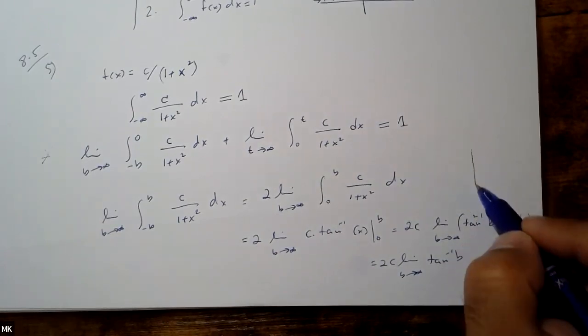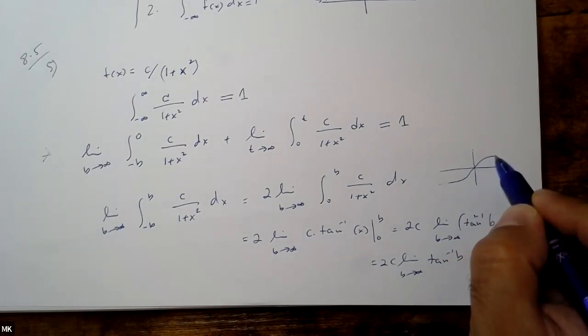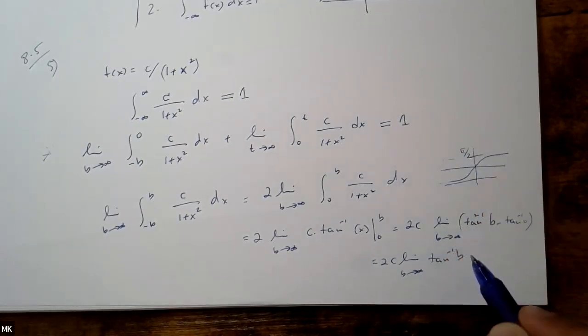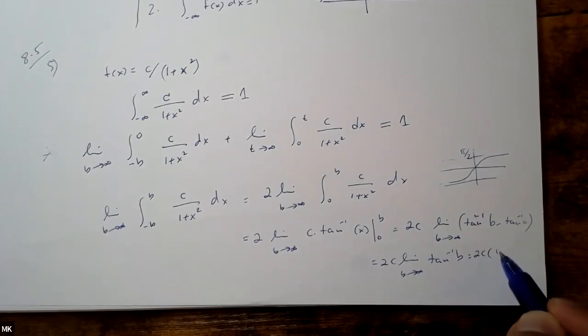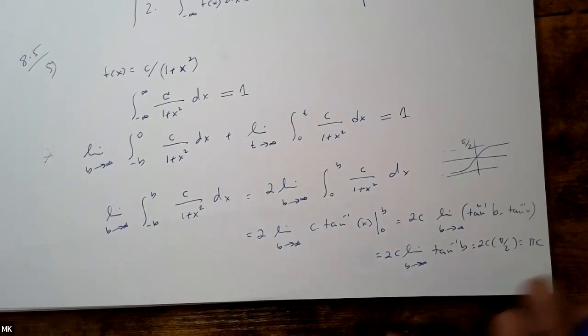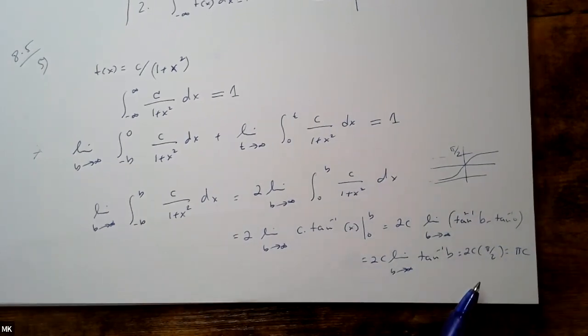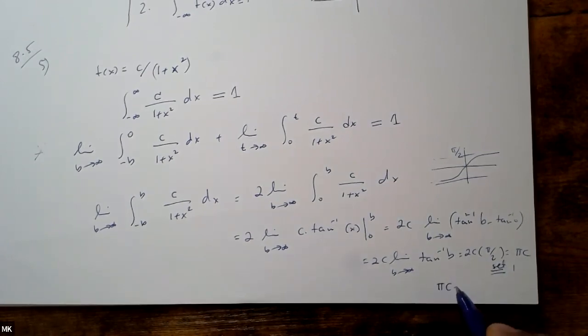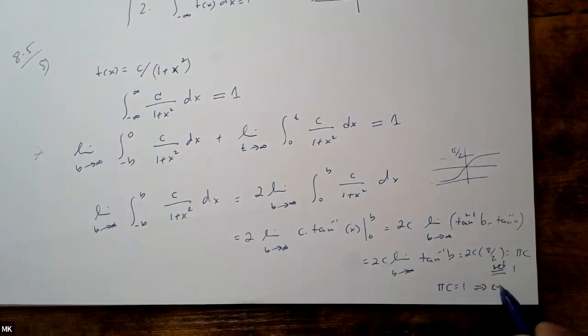As b goes to infinity, remember our arctan looks like this, arctan goes to pi over 2. So 2c times pi over 2, which is pi c. And set that equal to 1. So pi c is equal to 1, or c is equal to 1 over pi.